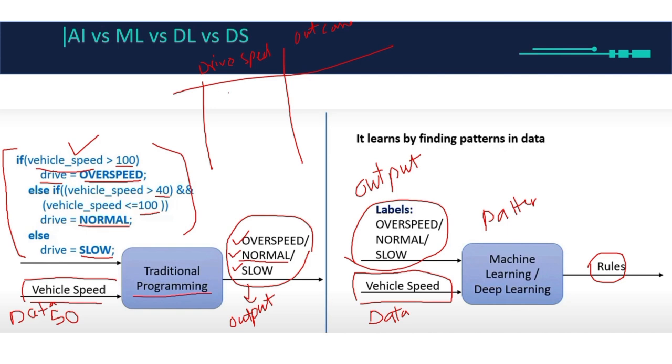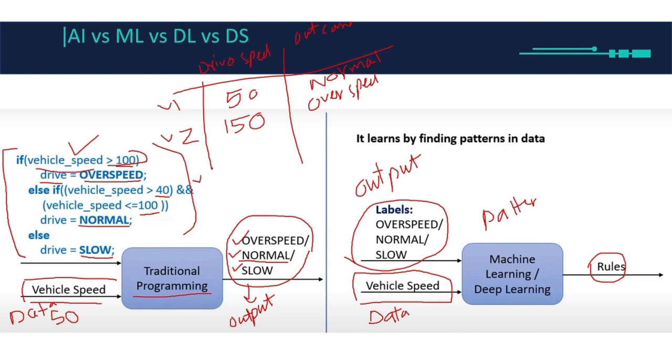Let's say drive speed here I have 50, let's say vehicle 1, and the outcome is going to be normal. Let's say I have 150. According to this rule, if the vehicle speed is greater than 100, then it's going to be over speed, and so on. So this is vehicle 2, and so on.